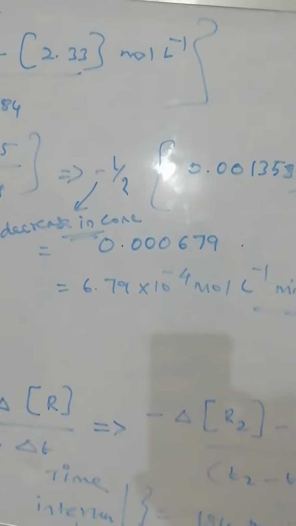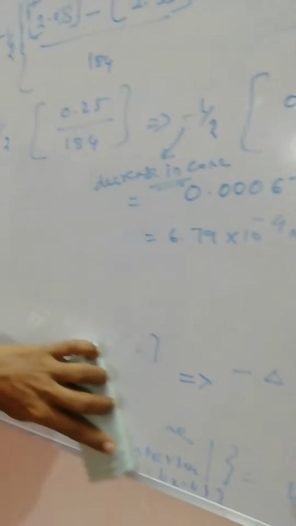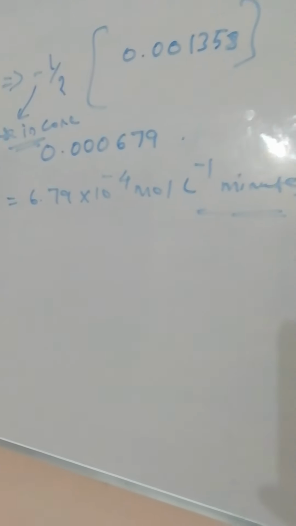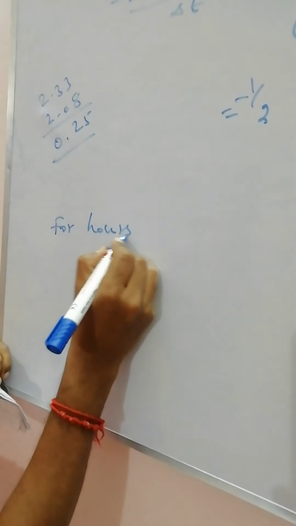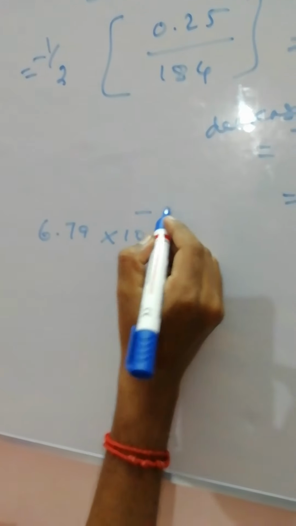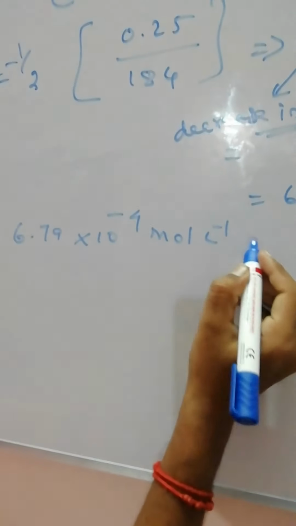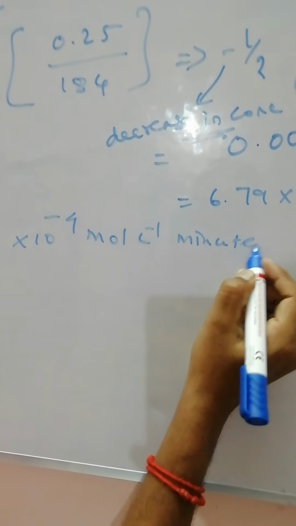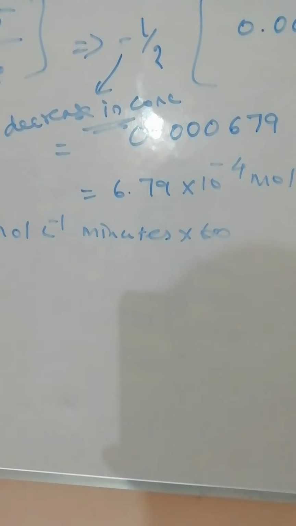Now we are going to find the rate for seconds and hours. Next one is for hours. Hours means you have to multiply 6.79 into 10 to the power minus 4 mole per liter per minute by 60, because 1 hour equals 60 minutes.